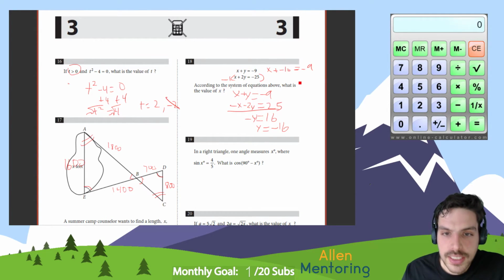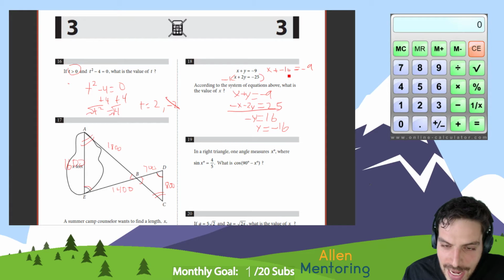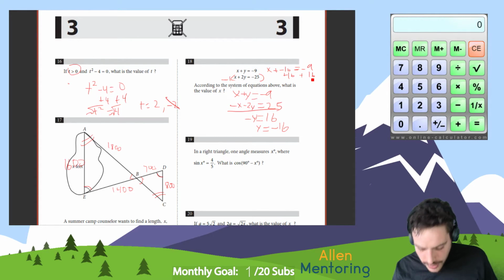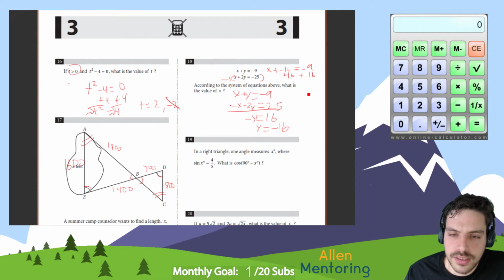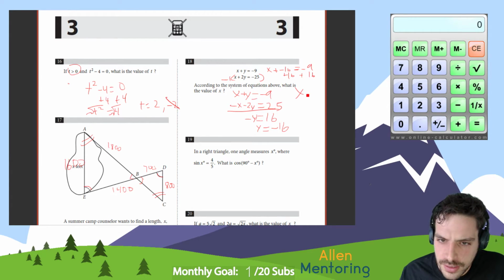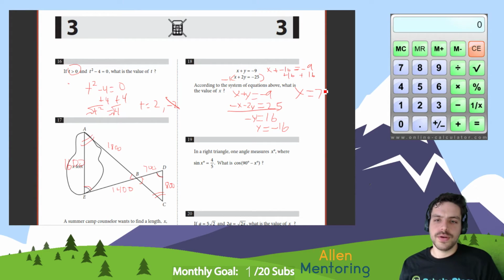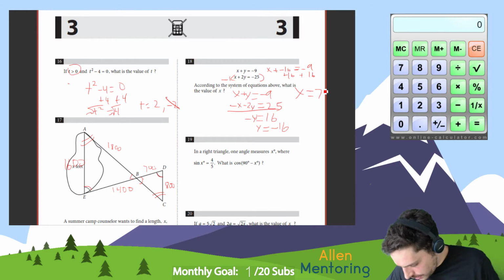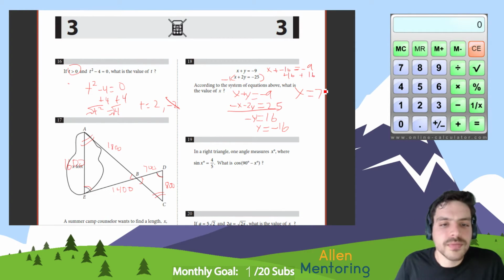And if that's the case, all I want to do is add 16 to both sides, plus 16, okay? And 16 minus 9 is going to be equal to 7. So x is equal to 7. I think that's the right answer. Yes, it is here. Cool.